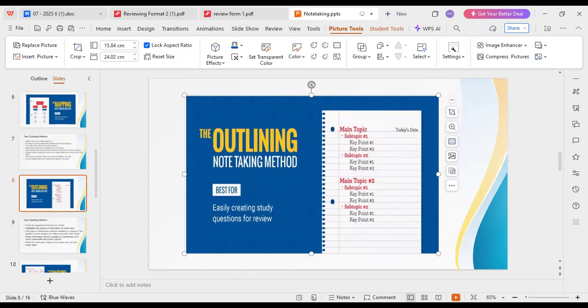Also, it is very important to maintain consistency, because each indentation level should represent the same type of information throughout your notes. You cannot mix hierarchies in an arbitrary way, otherwise it would not be very organized. So you have to be on alert when you are doing something like this.